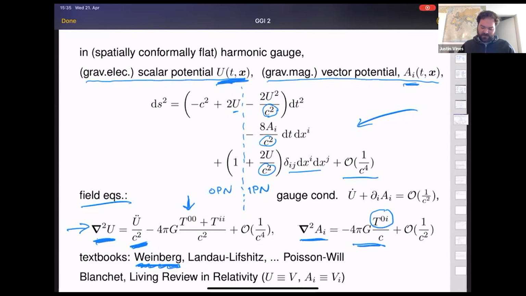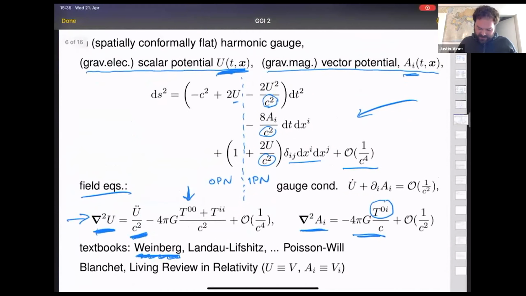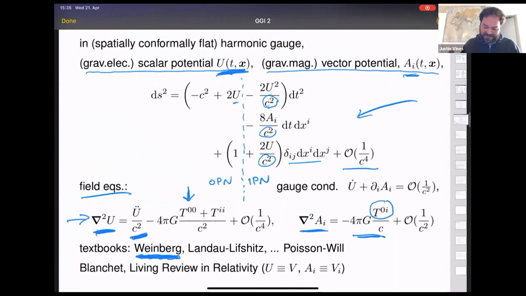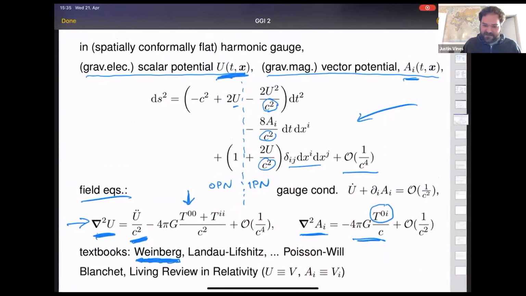Okay, so I was saying, this is a very good textbook to verify what I just told you, that this ansatz for the metric solves Einstein equations if these field equations are solved. That's also discussed in many other places.